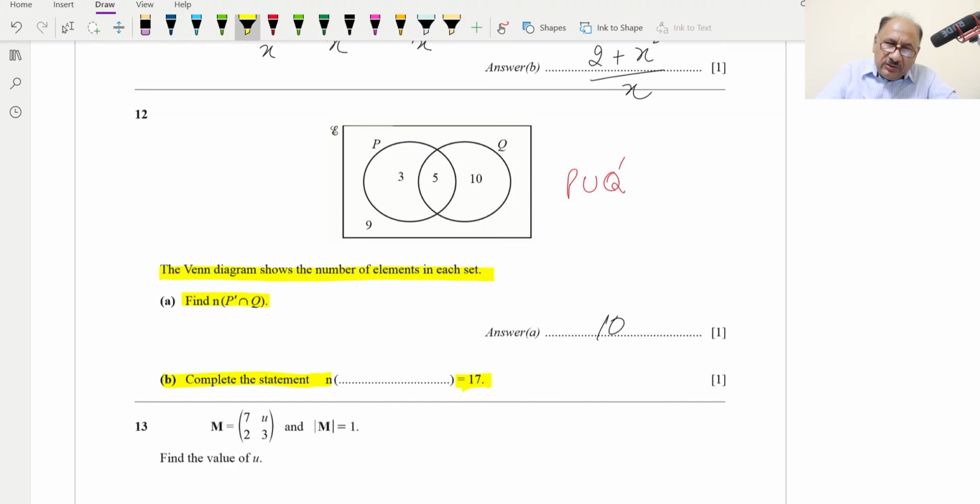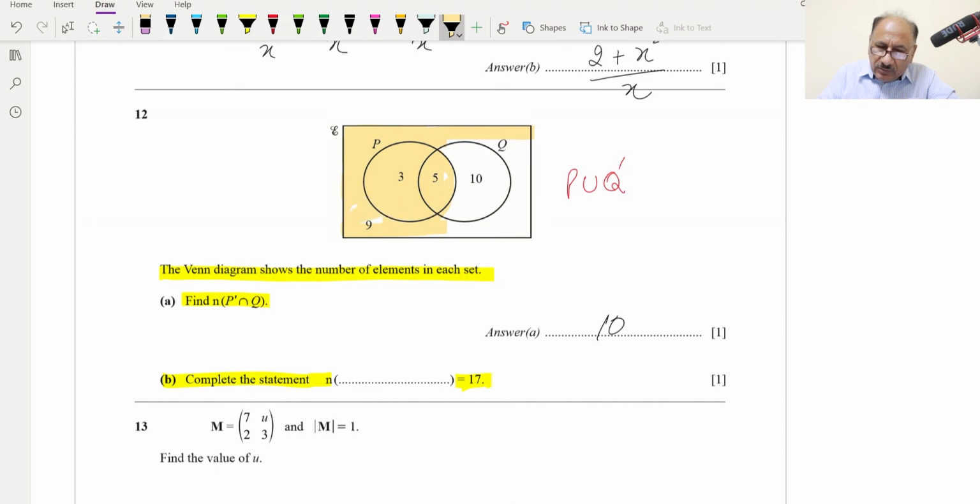If we shade that region, it will be this one, the outside region, and including P as well, and including this as well.